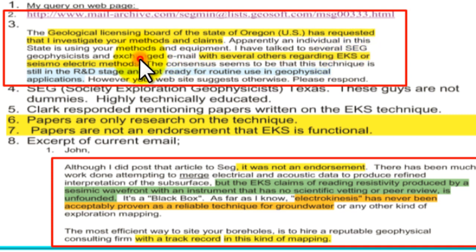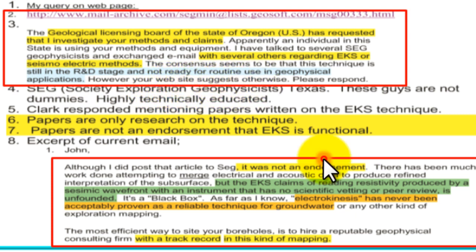I have talked to several SEG geophysicists, that is, Society of Exploration Geophysicists, and exchanged email with several others regarding EKS and seismoelectric methods. The consensus seems to be that this technique is still in the R&D stage and not ready for routine use in geophysical applications. However, your website suggests otherwise.